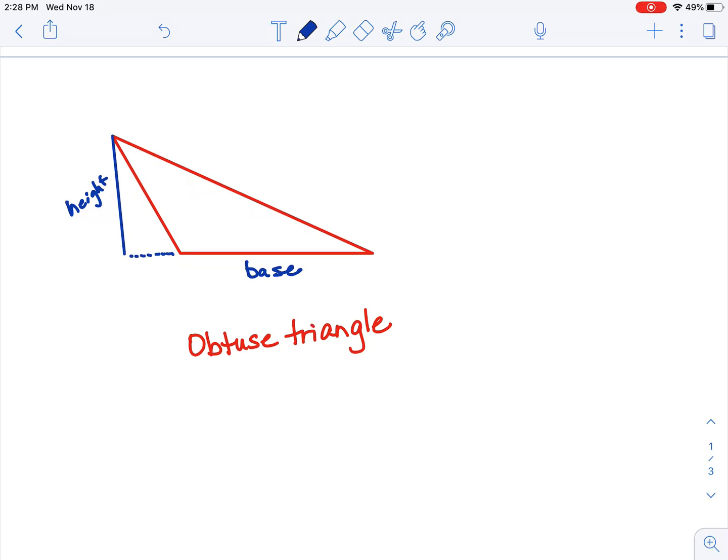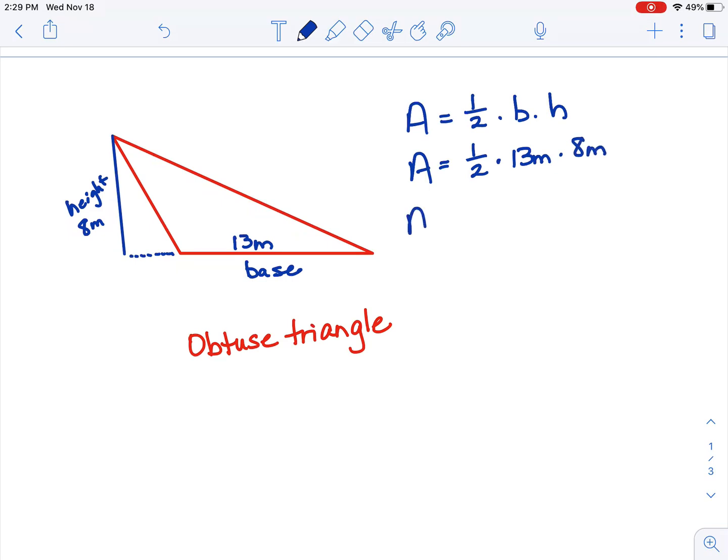So if I told you this was 10 meters and this was 8 meters, so area equals 1/2 times base times height. I'm going to change something here. I'm going to make this 13 meters. There's a purpose. So area equals 1/2 times my base is 13 meters times my height is 8 meters.